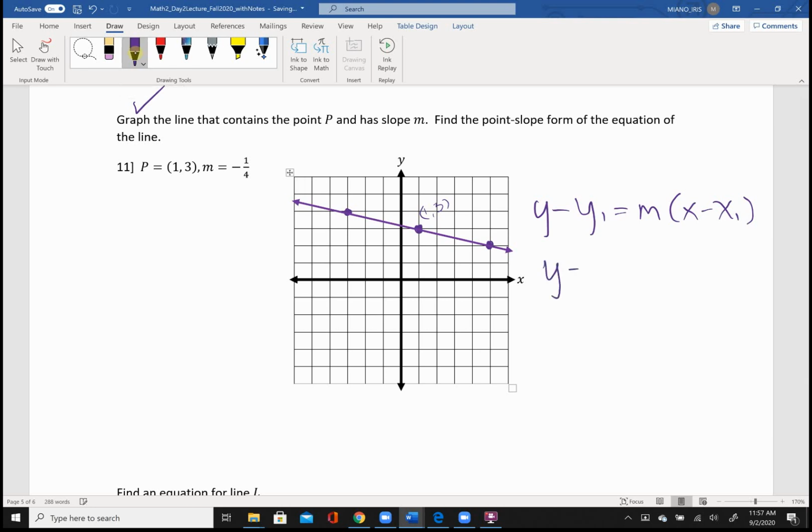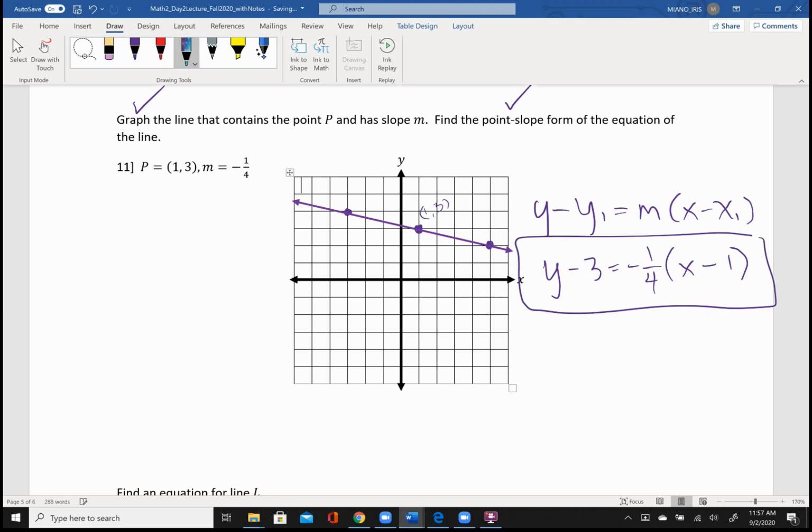Y minus 3 equals -1/4 times x minus, or sorry, 1. That's right. Okay, and that's it for that one. Boom. And box it up. Fantastic. Moving on.